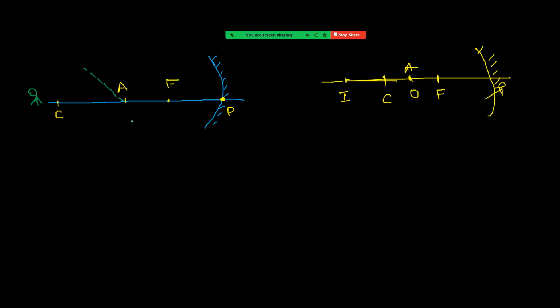Now the person shifts towards the left. When the person shifts towards the left, see where the image is. It is given towards his right side, right?